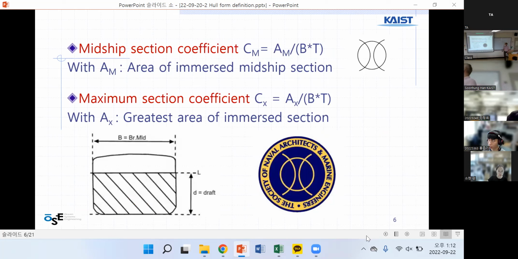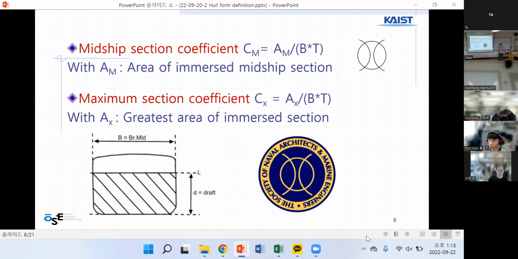Midship section coefficient, we call it CM. CM is the area in the middle divided by B multiplied by T, where T is draft. Small d can be used, but many times T is used for draft, because uppercase D is depth and lowercase d is draft.